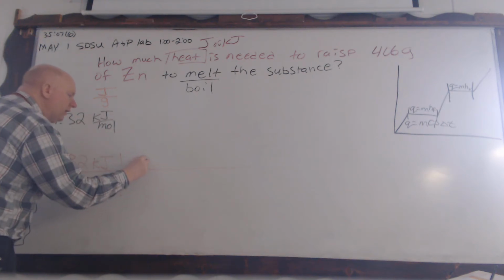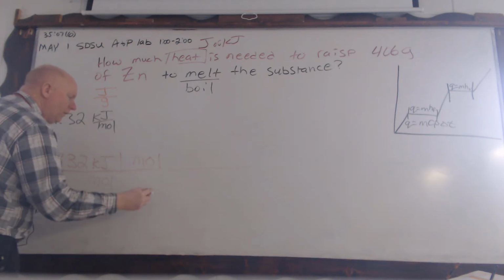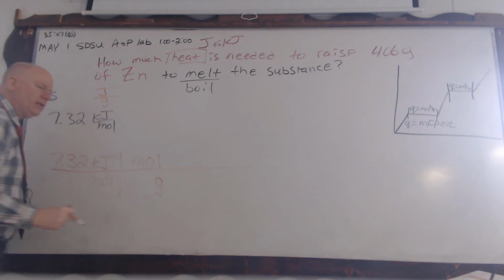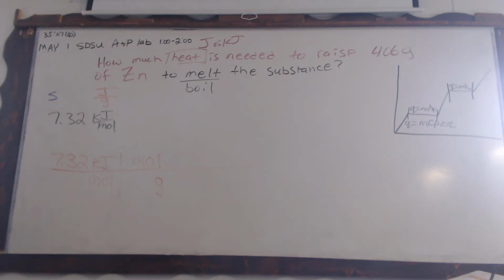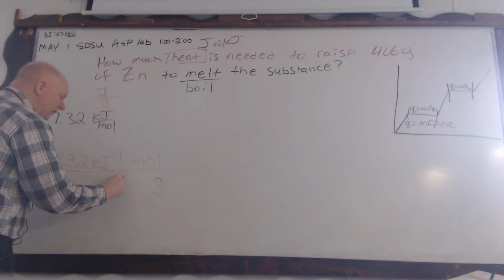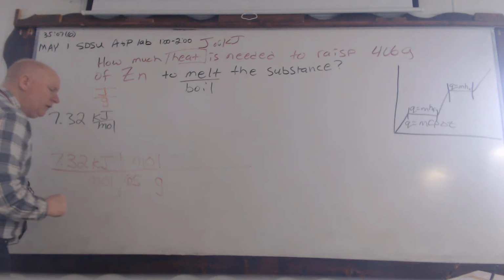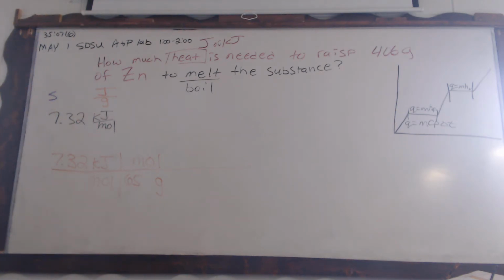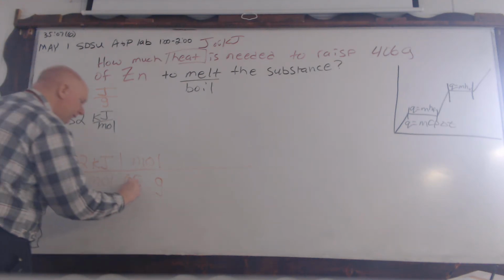And anything that's measured in a mole over a gram is that object's molar mass, not just its atomic mass. Moles over grams. So this is 65.38.